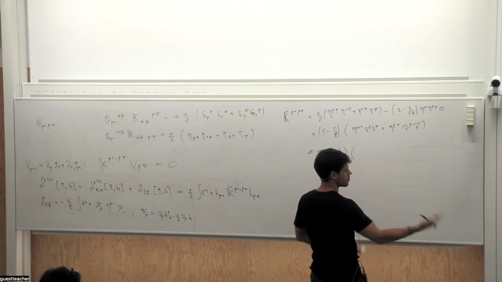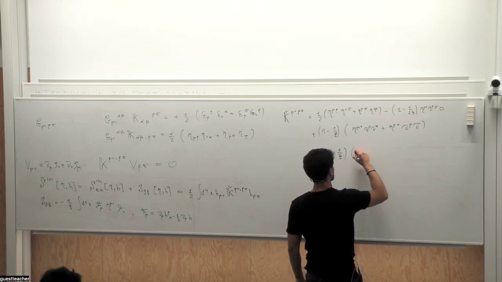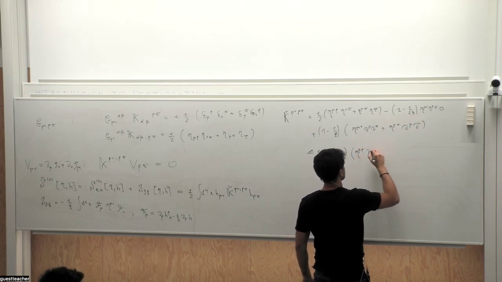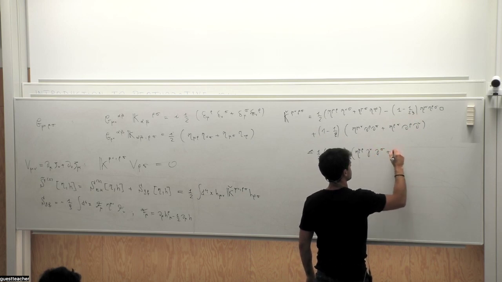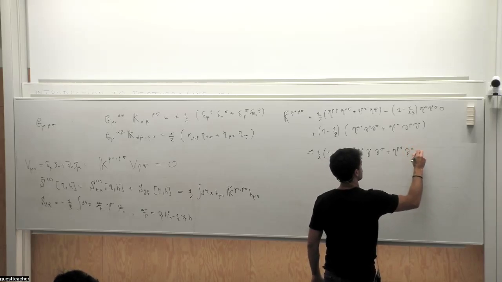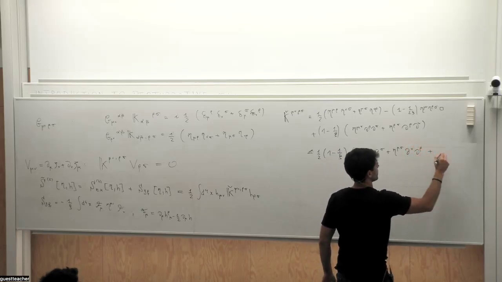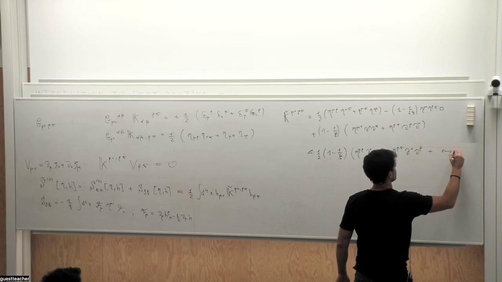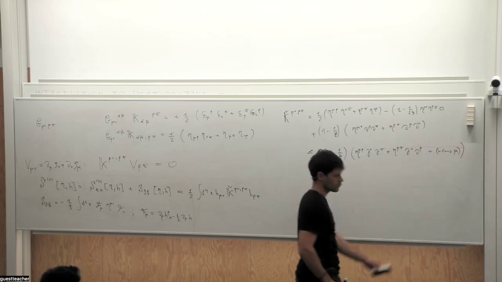Now, since people on Zoom cannot see both, it's better if I write it. And it basically is like nu sigma plus mu sigma nu rho. And now plus, I mean, change mu and sigma and nu, okay? Which is the same there.